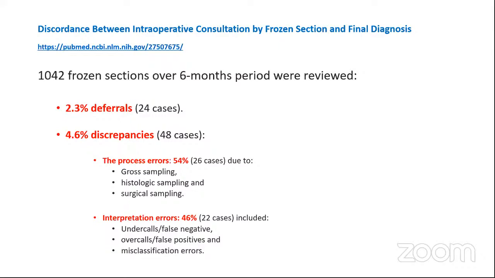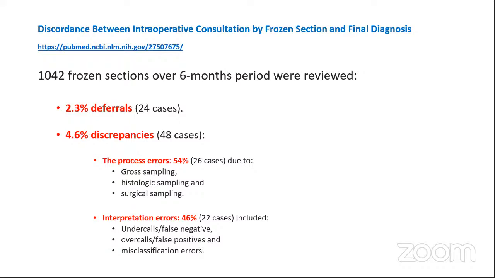This study was done in 2016-2017, on discordance between intraoperative consultation, frozen section, and final diagnosis. They studied more than 1,000 frozen sections over a period of 6 months. They found a deferral rate of 2% and a discrepancy rate of 4.6%.